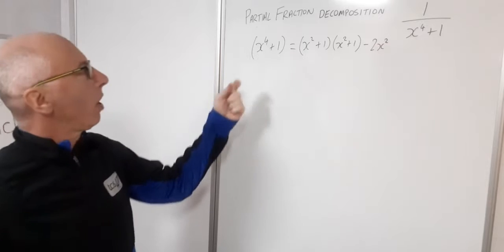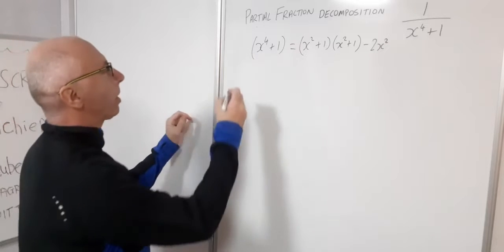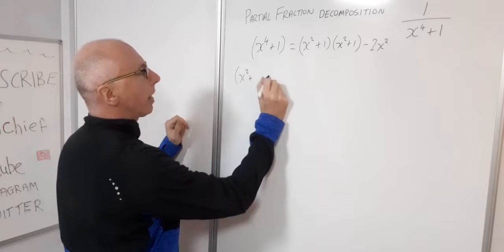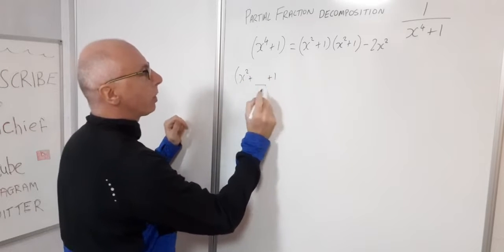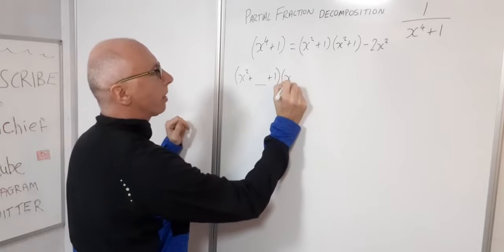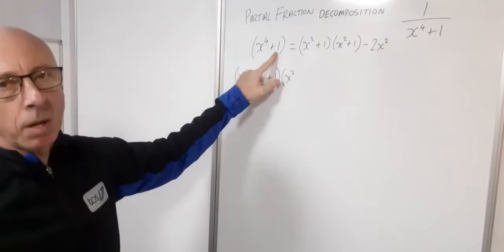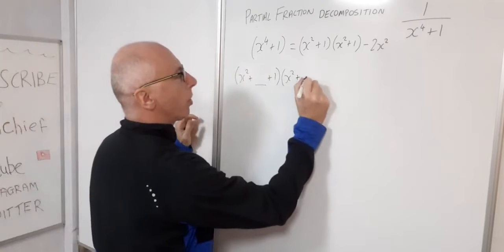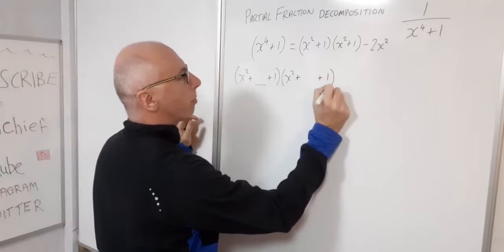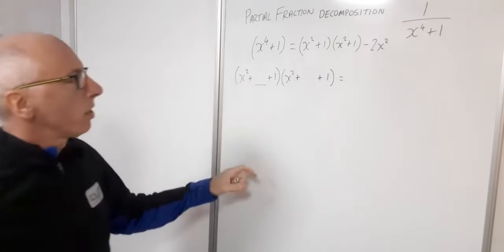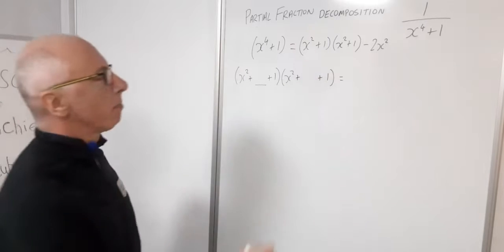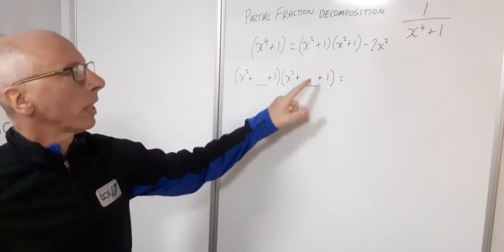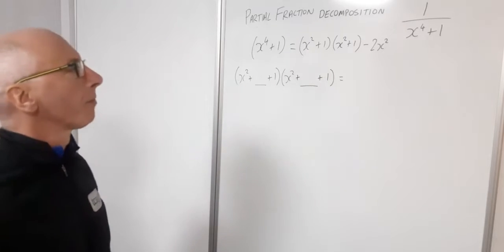So if I just subtract 2x squared, that's going to be the same value. Okay, so our end goal with x to the 4 plus 1 is to get x squared and then a term in here which we don't know yet, and then another one, bearing in mind we've got a plus 1, and of course this coefficient here is also plus 1. We want another one with another plus 1 as well. So what we're really looking for is minus 2x squared. And then we can work out what we can plug in to this value here.